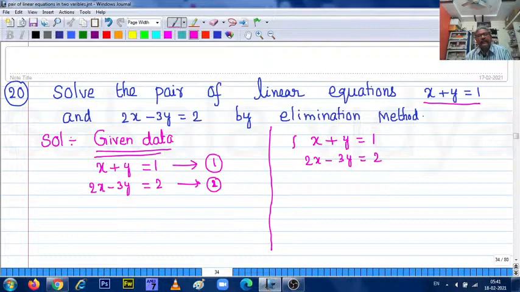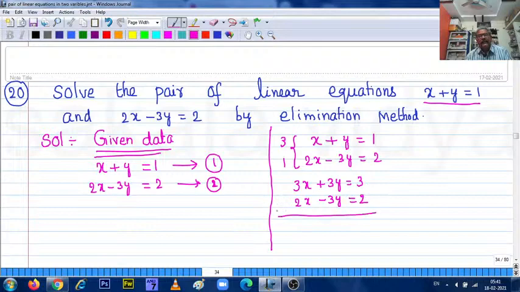Multiply the first equation with 3 and the second equation with 1. Then what do you get? 3x plus 3y, here 3 into 1, 3 also you need to write. 1 into 2x, 2x. 1 into minus 3y, minus 3y. 1 into 2, 2.